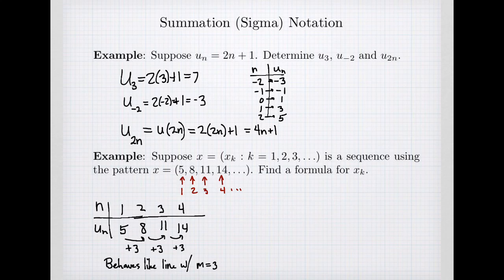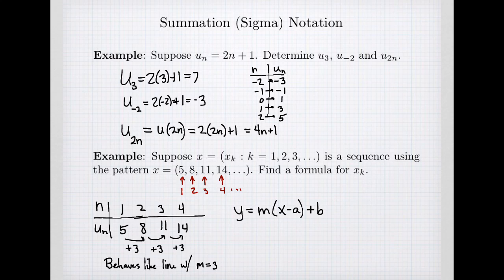So if I were to think about this in the language of a function, my line is the slope times x minus some x value plus b.